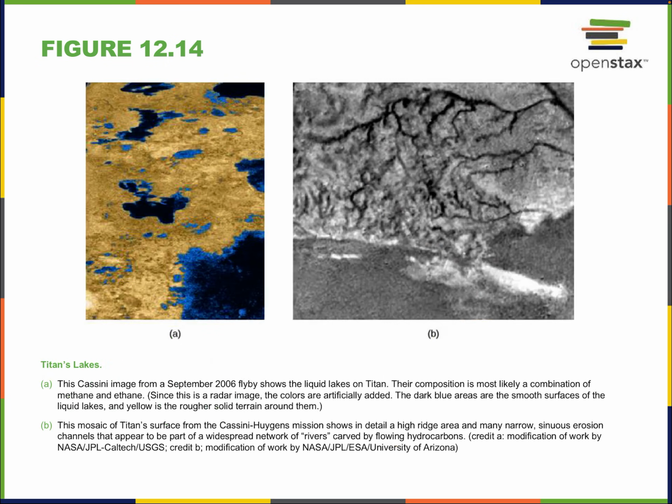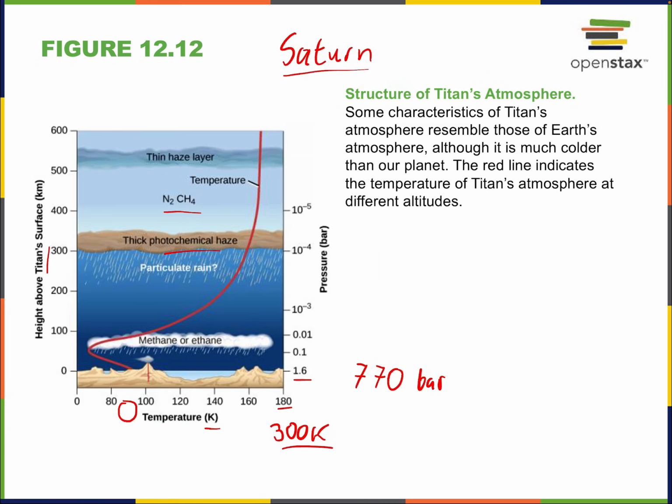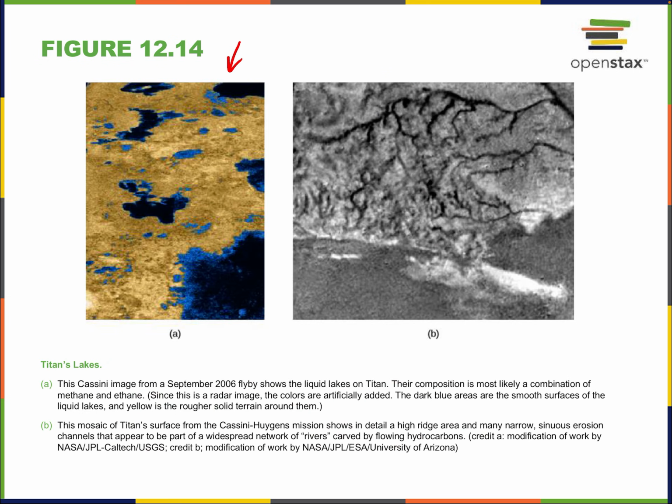And here we see, with other images, actual lakes of methane on the surface of Titan. The color has to be understood carefully because the upper atmosphere of Titan is so thick with that photochemical haze that it's hard to see through. But in this case, this flyby spacecraft was able to do so, and also able to image those rivers, part of that methane cycle of flowing liquid methane mixed with ethane.